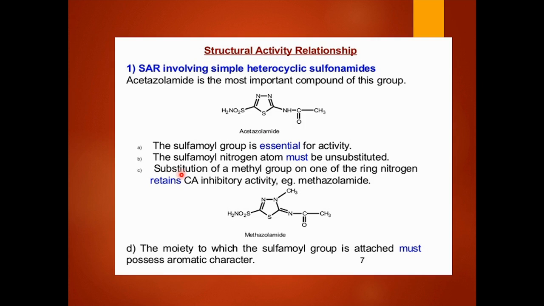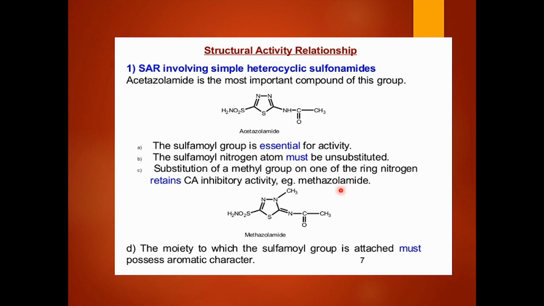Third point is substitution of a methyl group on one of the ring nitrogens. Here we can see substitution of a methyl group on the ring nitrogen retains carbonic anhydrase inhibitory activity.